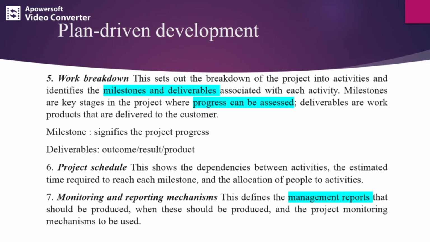So here you are dividing your entire project into n number of activities, because that is the simpler way to develop your project, an easier way to finish off the project. So you're dividing the project into activities and you need to identify the milestone and deliverables associated with each activity.